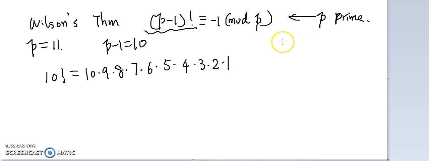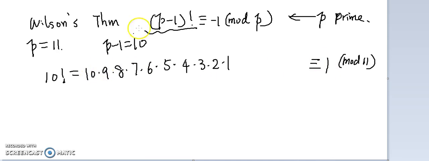We're going to try to pick two numbers such that the product is congruent to 1 modulo 11.